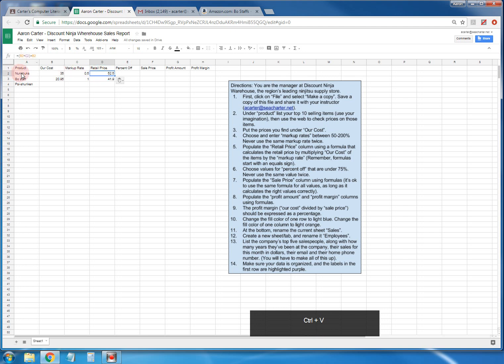And it does the same math, just uses the different numbers that we've provided. It takes the cost of the nunchucks, multiplies by the markup rate, and then adds that to the original cost of the nunchucks. And this is the amount that you would charge in your store. This is what would be on the price tag, $52.50.